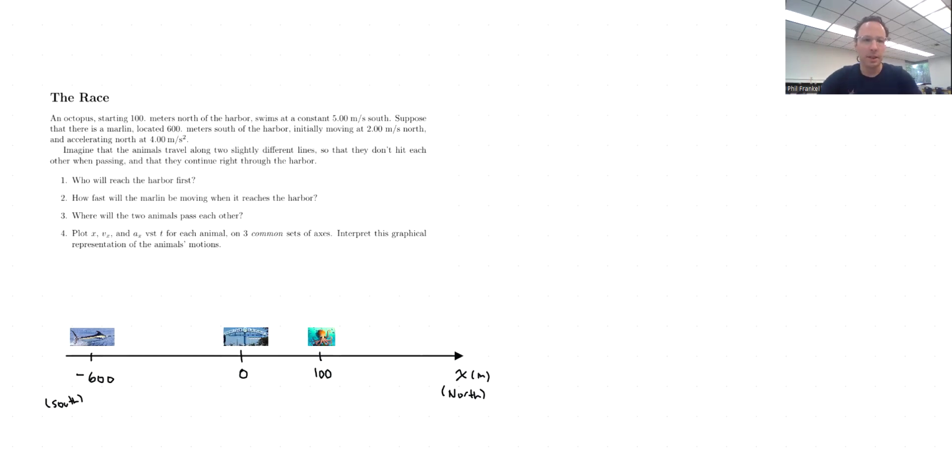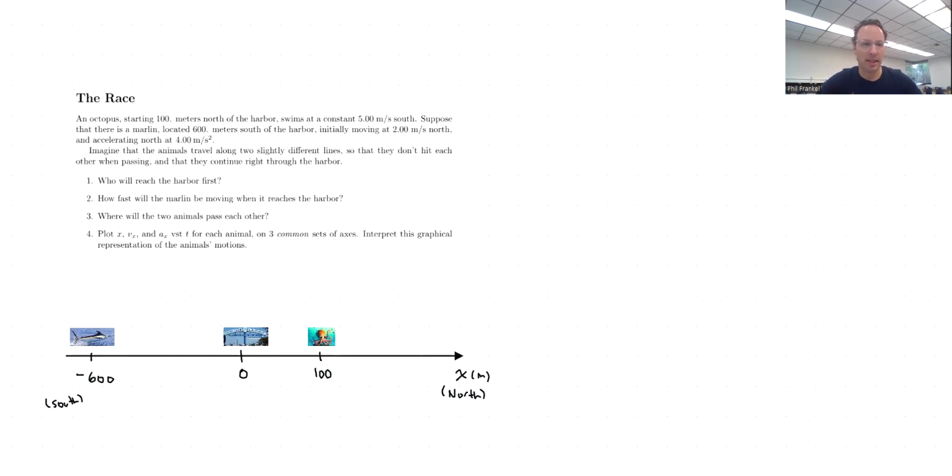All right, in addition to labeling where the two animals start, it's useful to label in the diagram what the initial velocity of the two animals is. So this octopus swims at a constant 5 meters per second south. So it has an initial velocity of 5 meters per second, and it's got no acceleration. So its acceleration is 0.